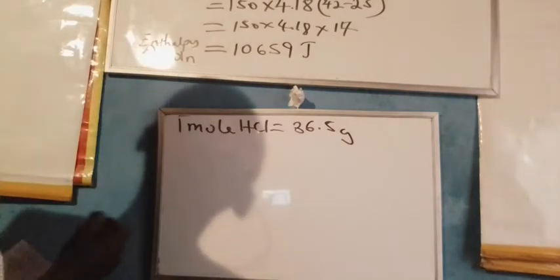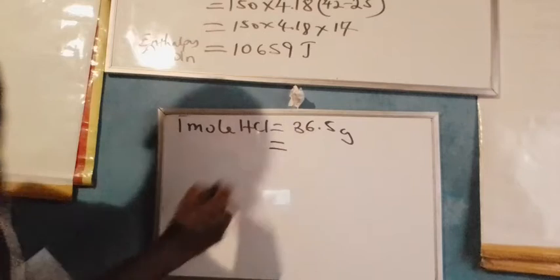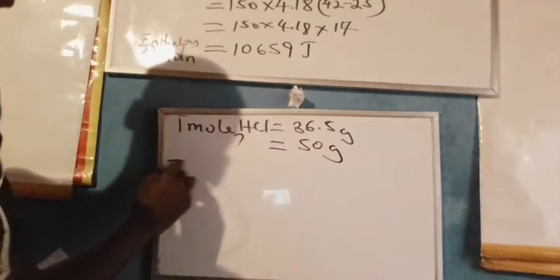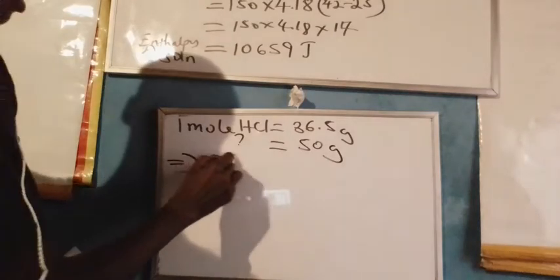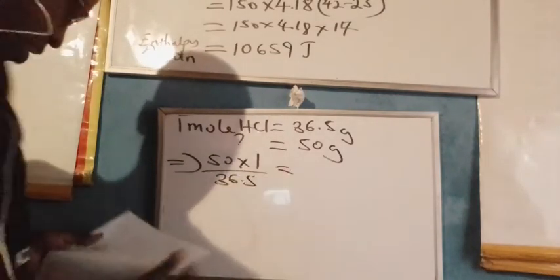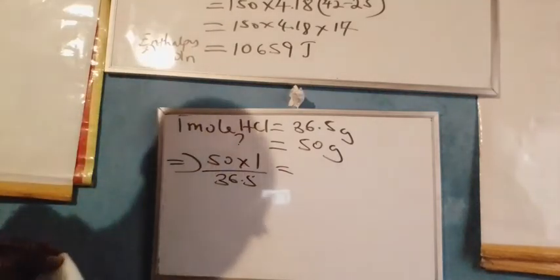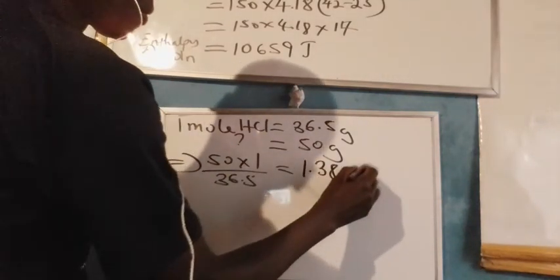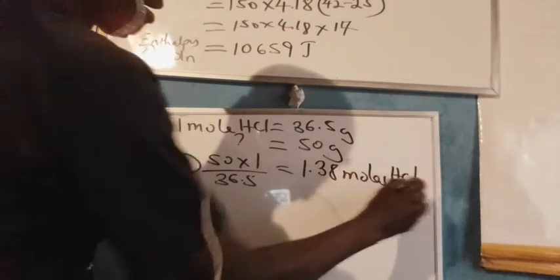And therefore, how many moles are there in 50 grams of HCl? By cross multiplication, we have 50 times 1 over 36.5. And when you compute that value, we obtain roughly 1.38 moles of HCl.